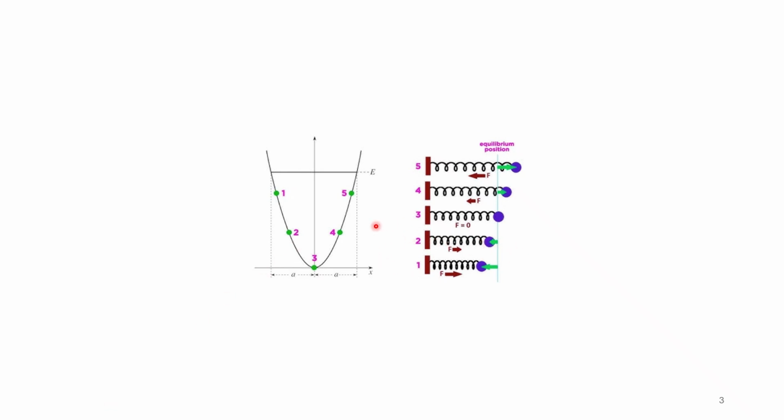Similarly, in this image here, you will see that position 3 is the position whereby the molecule is at equilibrium, where the bond between the two atoms is at equilibrium at this point here. As the molecule is vibrating along this energy level, the bond length will be changing between this length and also when it is elongated at this length.